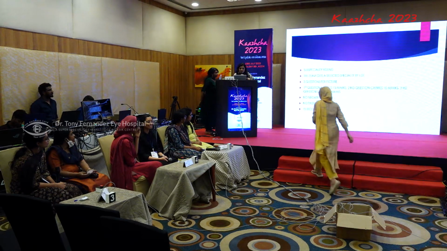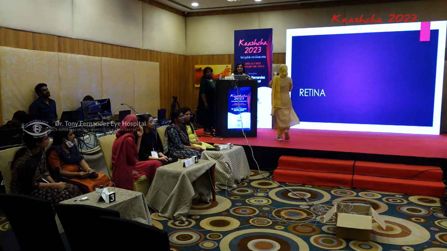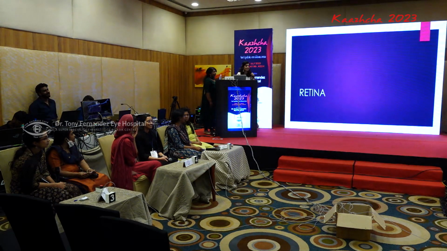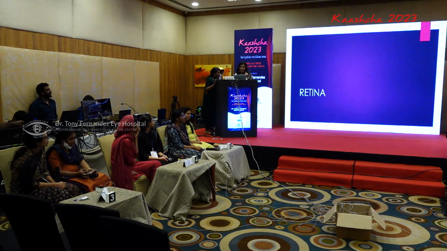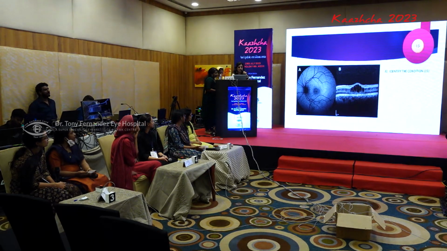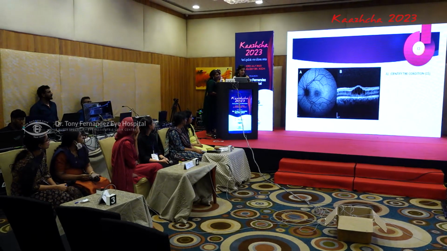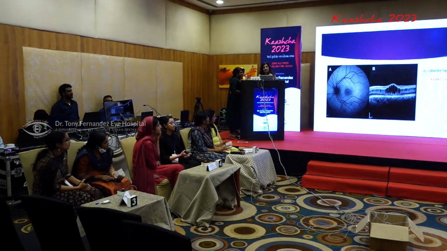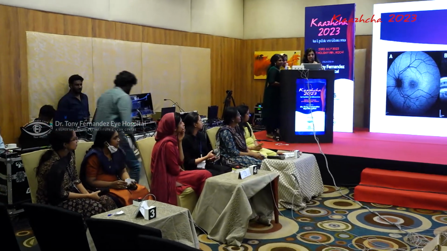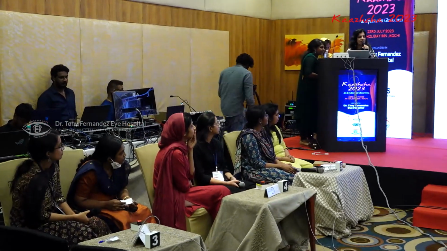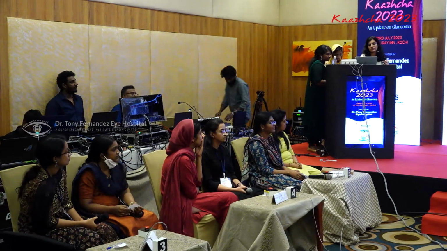Okay? So which team has got retina? Team B. Identify the condition. Retinoschisis. X-linked juvenile retinoschisis. Correct. 15 marks. Second question. Which is the gene mutated in this condition? Retinoschisin gene.